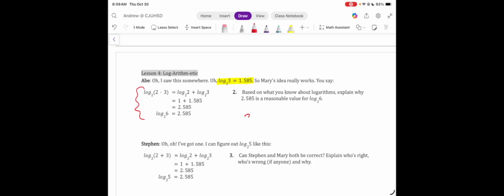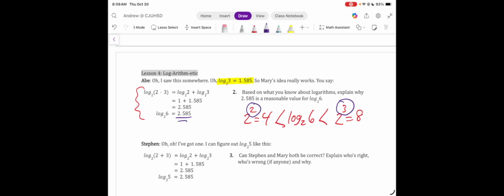Remember that 2 to the second is 4, but 2 to the third is 8. And so in between those must be log base 2 of 6. So it's going to be 2 point something because we're between the second power and the third power. And there it is.